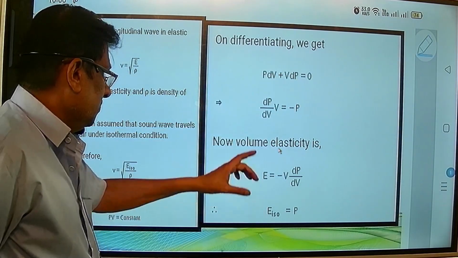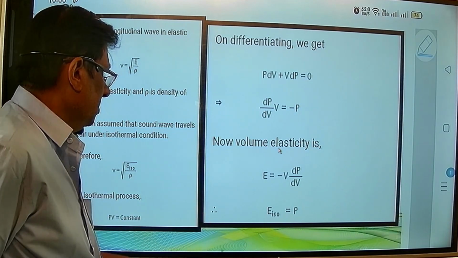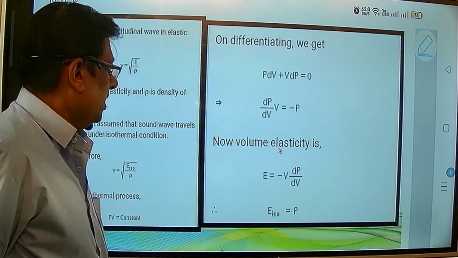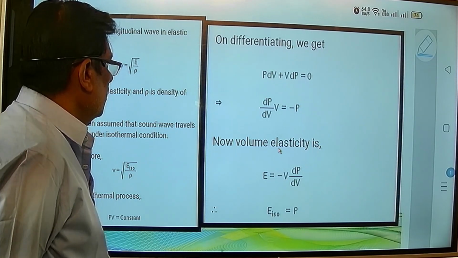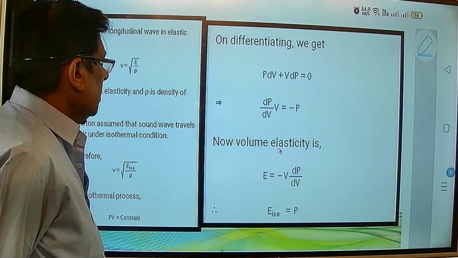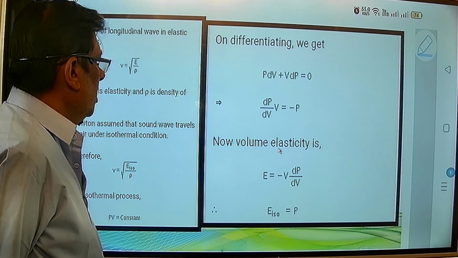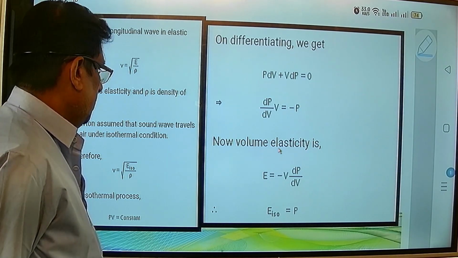Rearranging the terms, we get dP upon dV into V is equal to minus P.